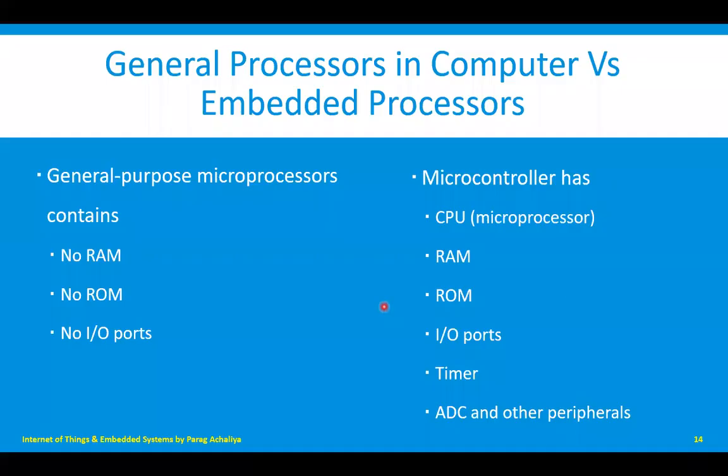So this is the difference between general processors in your computer system and the embedded processor. You are all aware of what CPU, RAM, ROM, IO ports, timer, and ADC, analog to digital converter, are. All these are part of a microcontroller, whereas a microprocessor does not have all these things embedded on it. This is the basic difference between microprocessor and microcontroller. Always remember that microcontroller and microprocessor are two different entities.